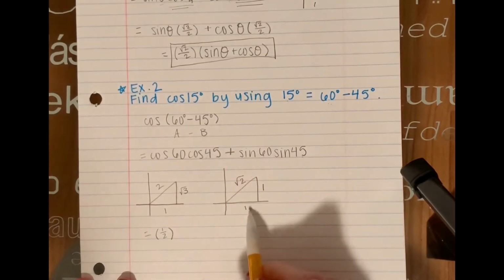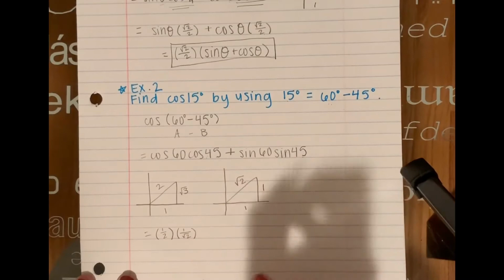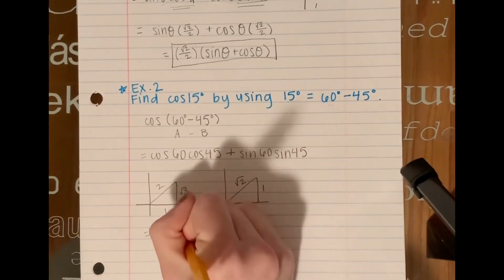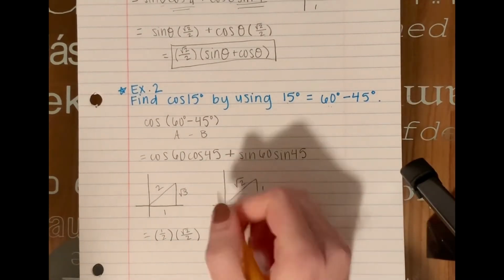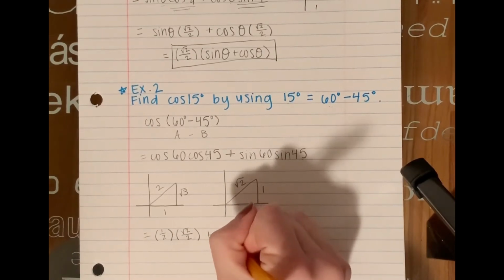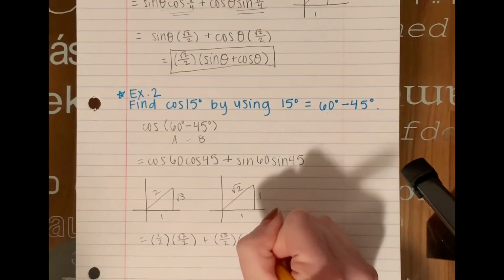Cosine of 45 is going to be 1 over root 2, or we could go ahead and write root 2 over 2. Then sine of 60 is going to be root 3 over 2. And sine of 45 is going to be 1 over root 2 or root 2 over 2.